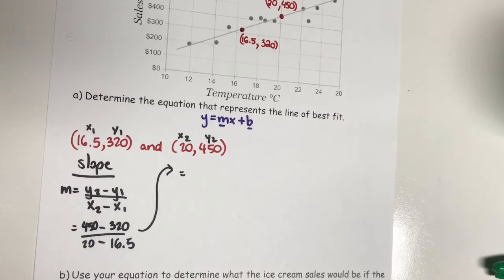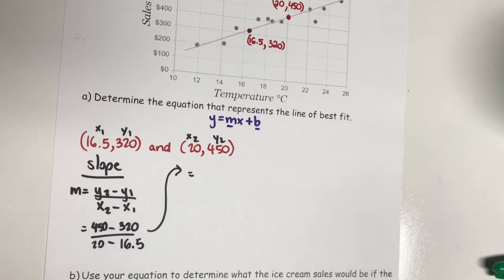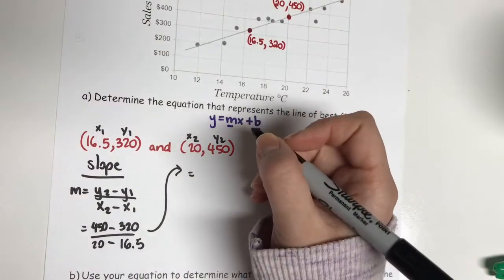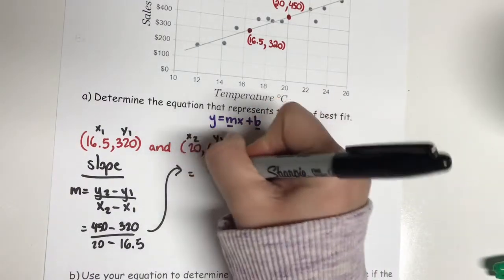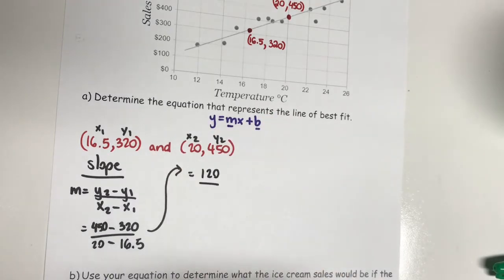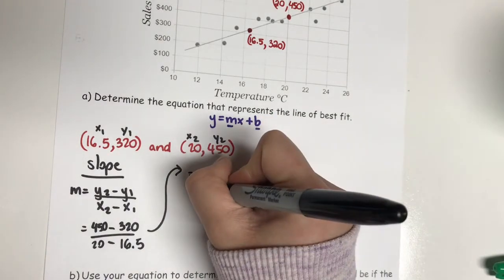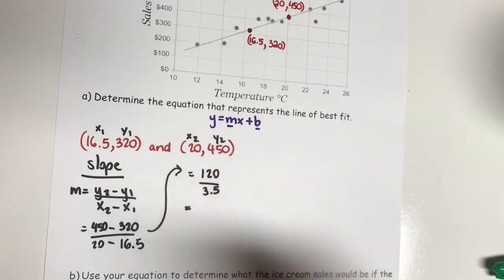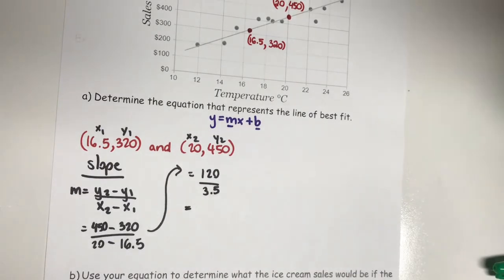Okay, so I'm going to simplify. 450 minus 320 is 130, over 20 minus 16.5 is 3.5. Okay, and I'm actually going to write my answer as a decimal.